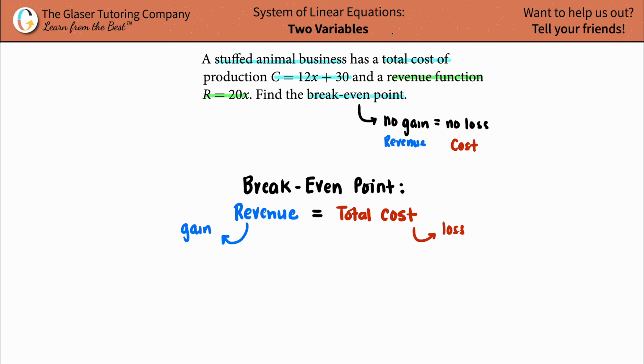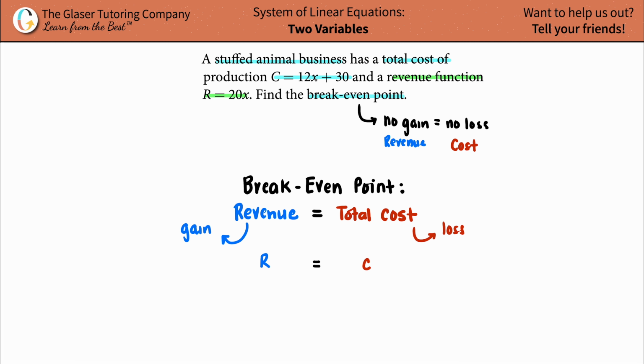Now, they did tell us that we had a total cost of C equals 12x plus 30 and a revenue of R equals 20x. Now, the R is the revenue, right? So my R has to equal my C function, right? Because revenue equals costs.